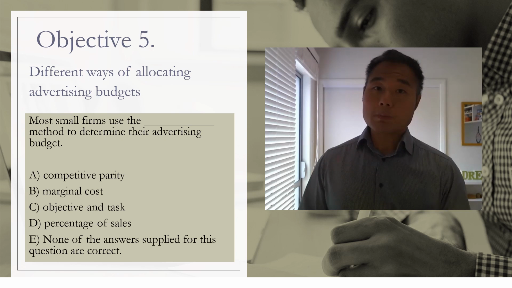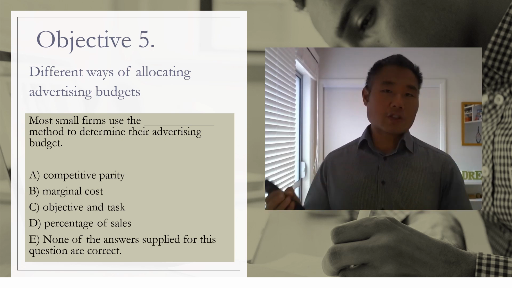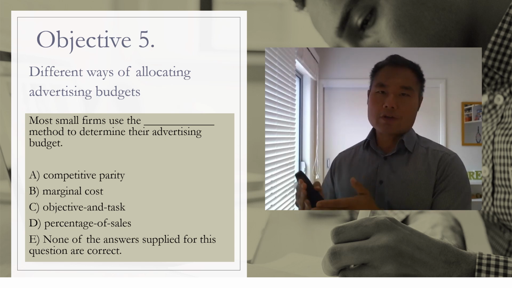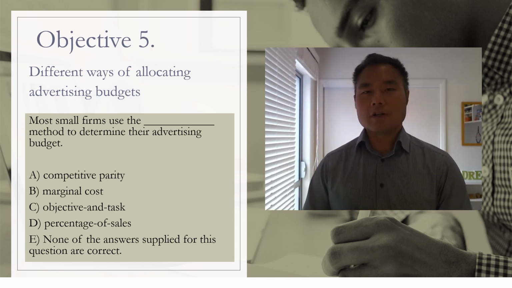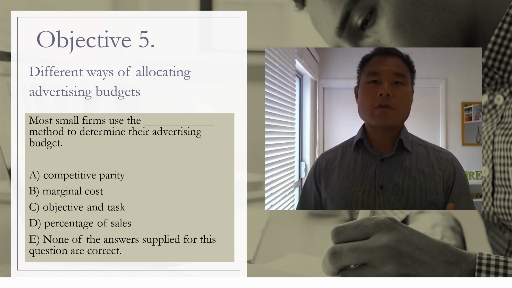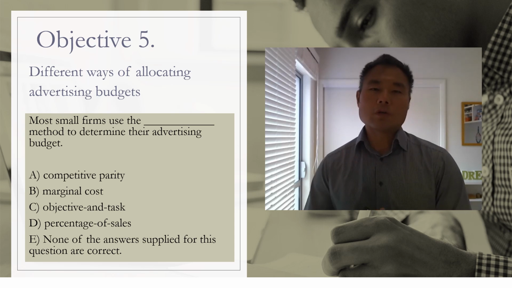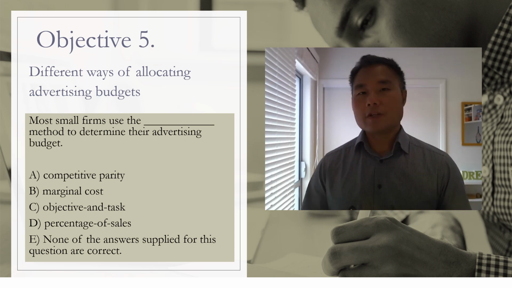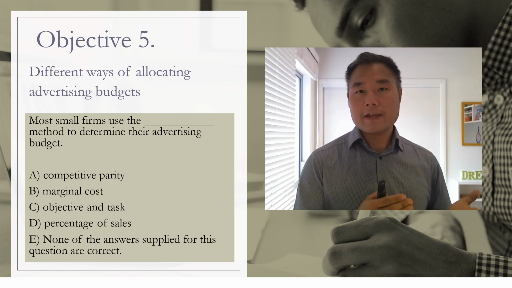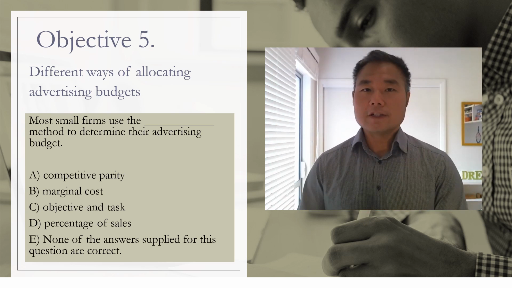Obviously, there's a problem with that logic because if, just for example, you're Pepsi and you know that Coke spends a certain amount per annum on advertising and you spend that same amount, then that doesn't really take into consideration your position in the market, right? Maybe you need to spend more in order to capture their market, or maybe you don't need to spend as much as they do because of other factors, right?